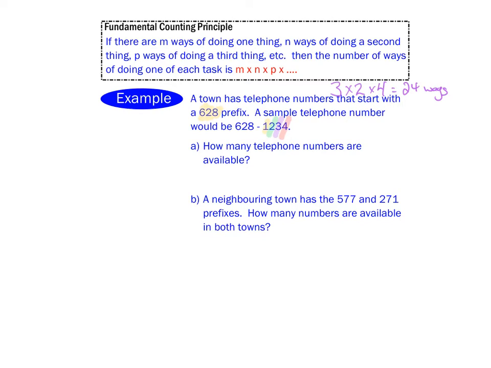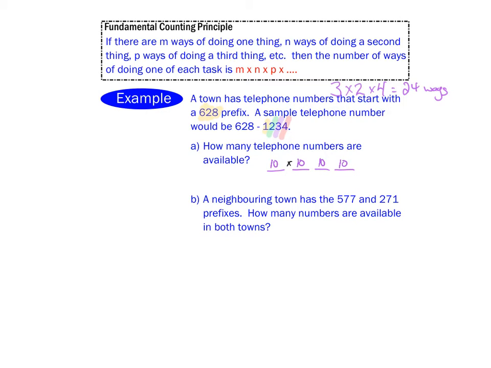So here is the question. How many different phone numbers are available? Well, we have 4 digits. And there are 10 choices for the first digit, 10 for the second digit, 10 for the third digit, and 10 for the fourth digit.